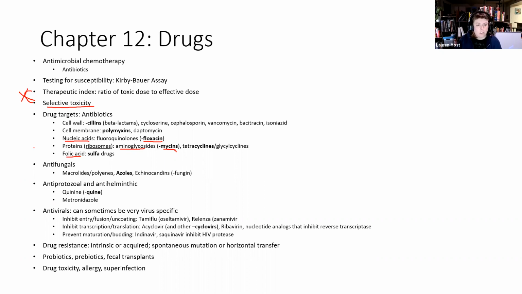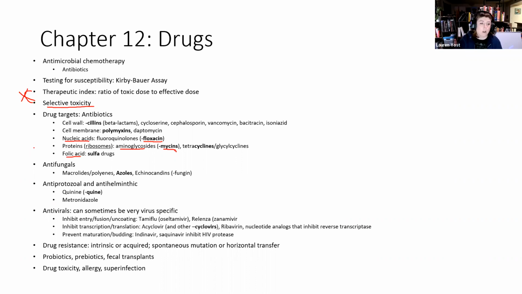The antifungals, these are going to include macrolides and polyenes. That's just the name of the drug. And I don't need you to know too much about the structure of these. But things that have azole at the end, like ketoconazole, a lot of those are going to be related to antifungals. And we do see that term at the end of some other drugs that we use for other things, but they have the same chemical concept, so that's why their name is the same thing.